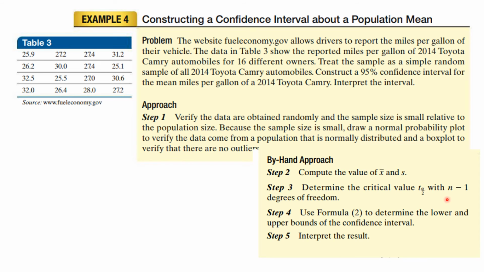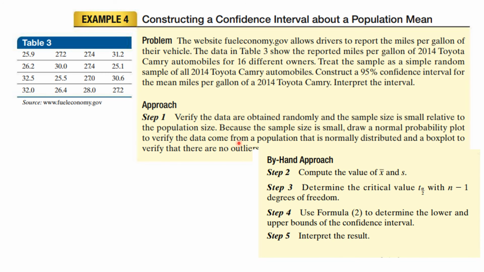We're going to determine the critical value, and we're trying to find a 95% confidence interval. Okay, so this is a 95% confidence interval. That means we have 0.025 is the area to the right of the critical value. Okay, so this is what we have.